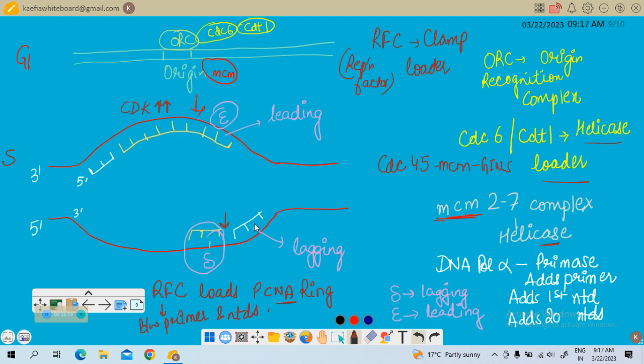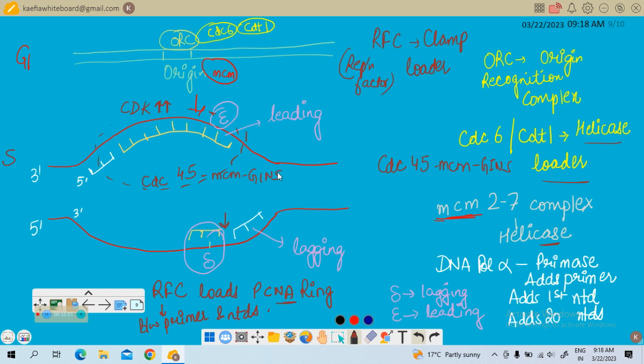So at the beginning of S phase, MCM phosphorylation by DDK, that is DBF4 dependent kinase, promotes the recruitment of CDC45 to the MCM ring. Beginning of S phase means when CDK concentration is high. So when CDK concentration is high, it will recruit CDC45, that is MCM and GINS.